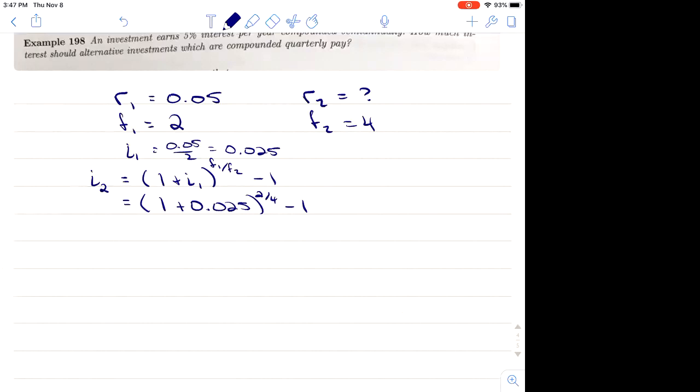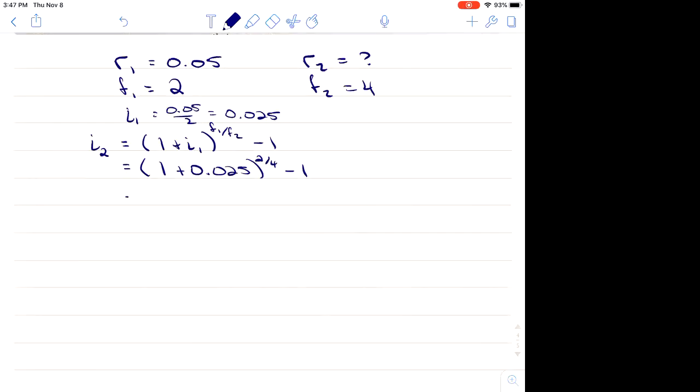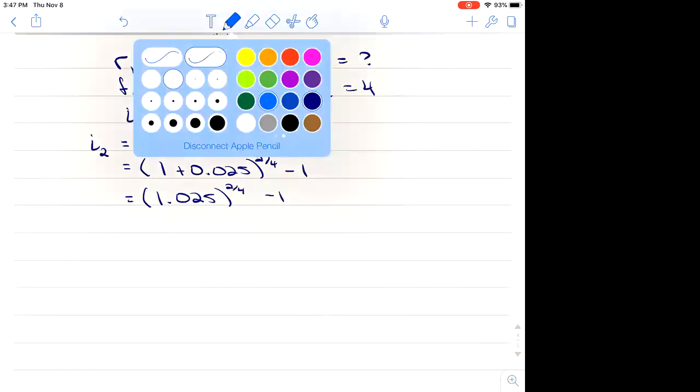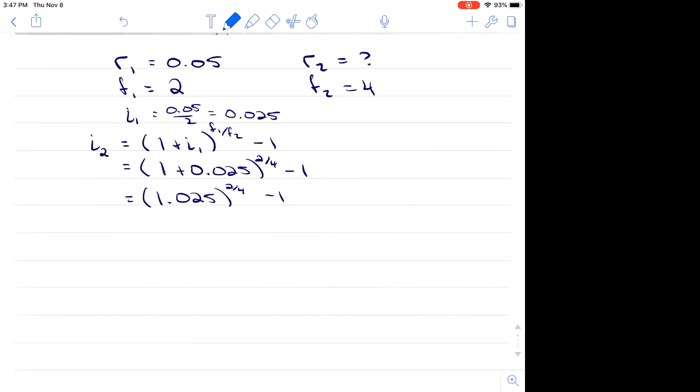So here, we're going to have 1.025 to the power of 2/4, all minus 1. Sounded happy though, so it's good.